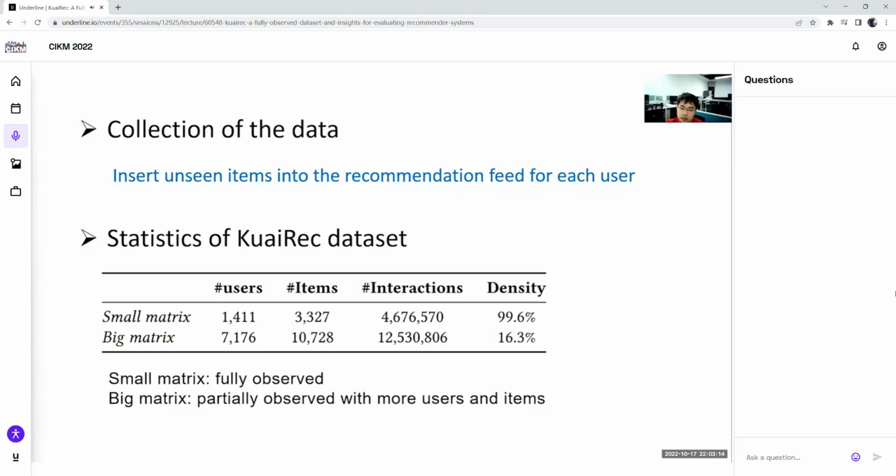It's worth noting that the density of the small matrix is 99.6% instead of 100%, because some users have actively blocked the videos from certain authors. This means the users have expressed a strong negative attitude towards all the videos published by these authors. As a result, we can safely make the judgment that the users dislike these videos.